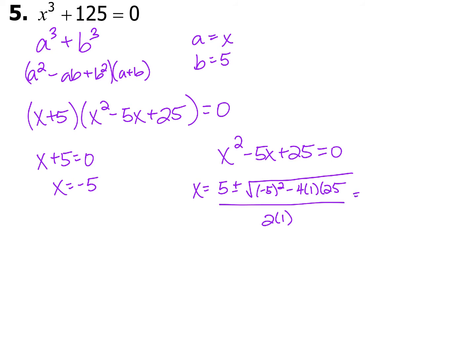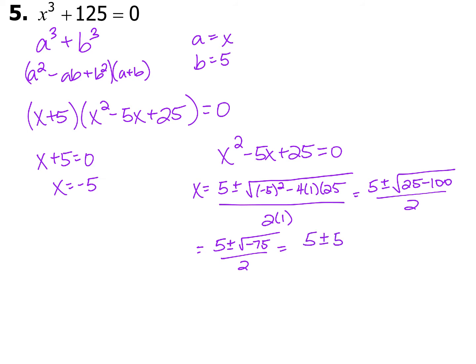Simplifying this, I have 5 plus or minus the square root of 25 minus 100, over 2. That is equal to 5 plus or minus the square root of -75, over 2, which is equal to 5 plus or minus 5i times the square root of 3, over 2.